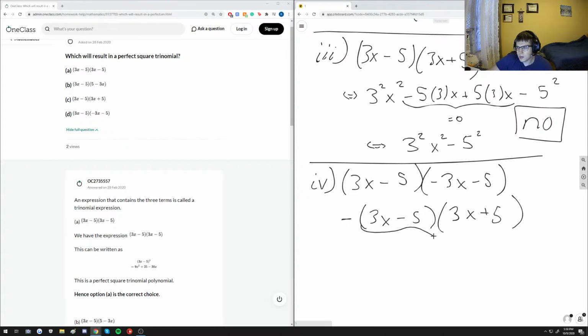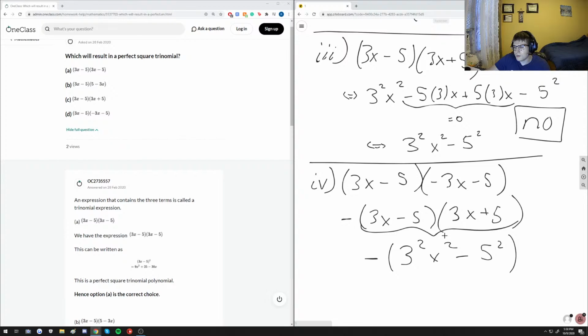Because this exact product was not a perfect square trinomial the first time around, it is not going to be one again just because of this minus sign. So what this really is, is minus 3 squared x squared minus 5 squared, right?